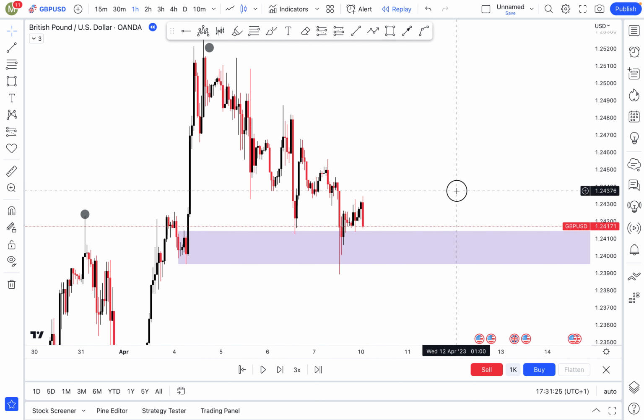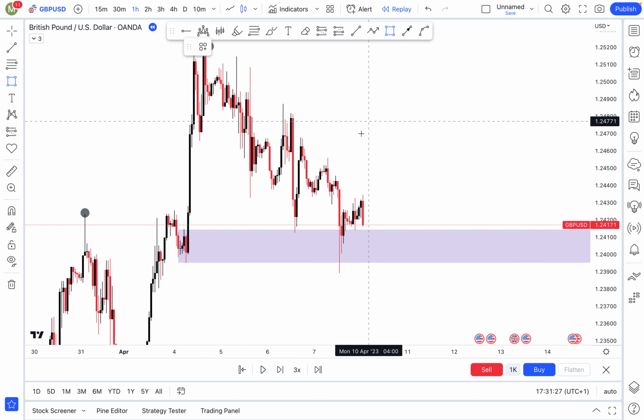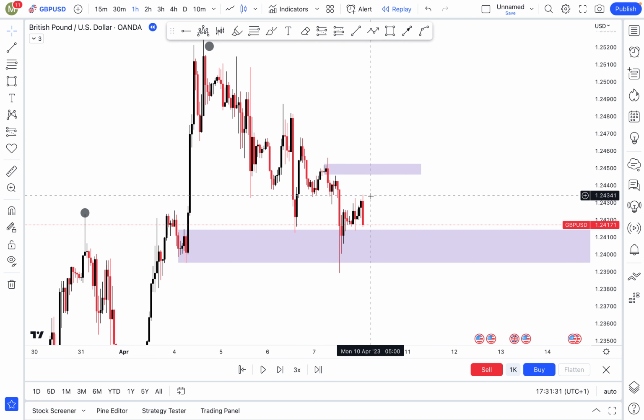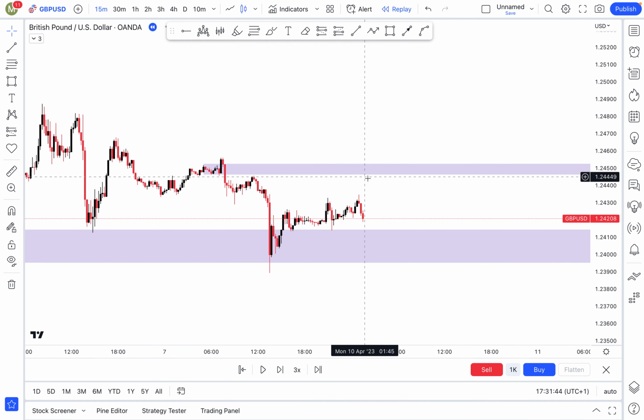We have this small zone here that I can see the market might reach. This was before the Asian session, so I need to see what the Asian session was practically doing. I scale down to the 15 minutes so I can see how the market reacts off these highs here.